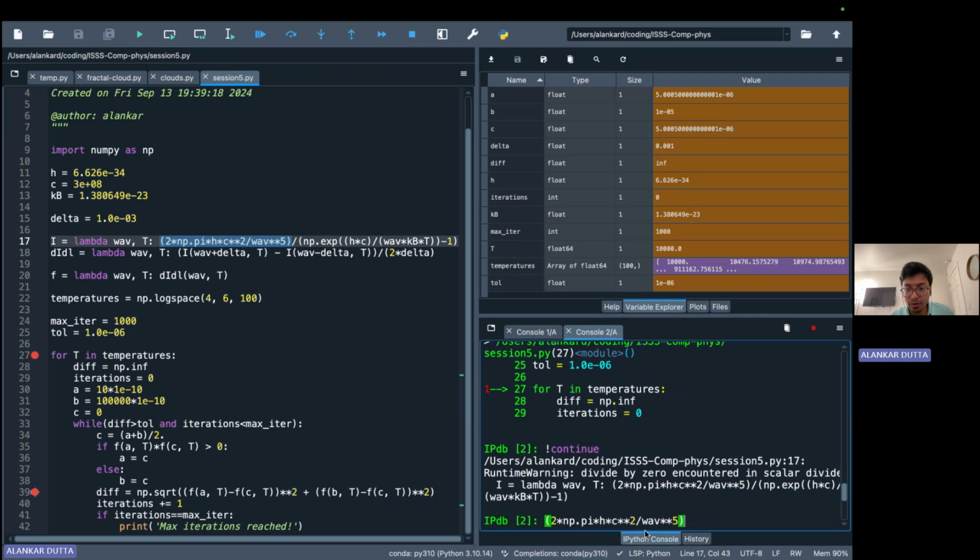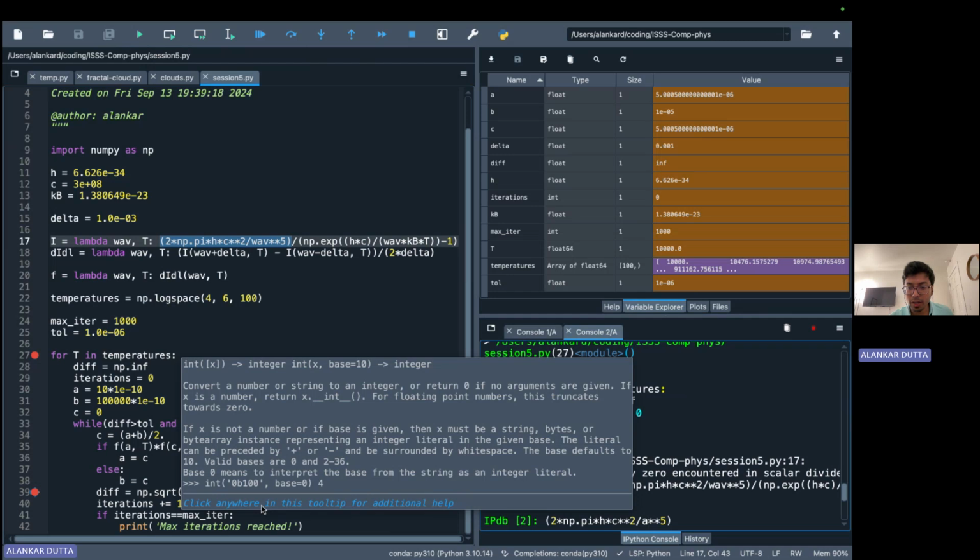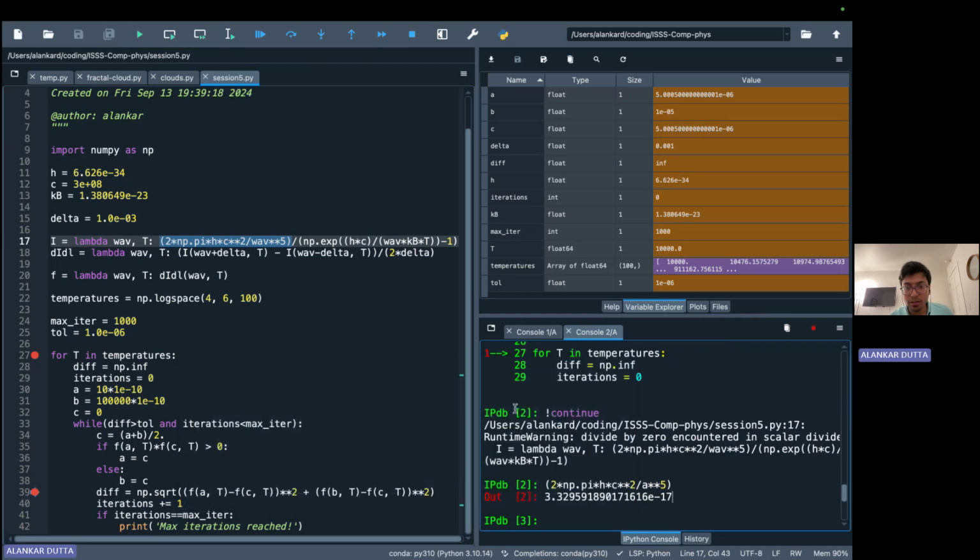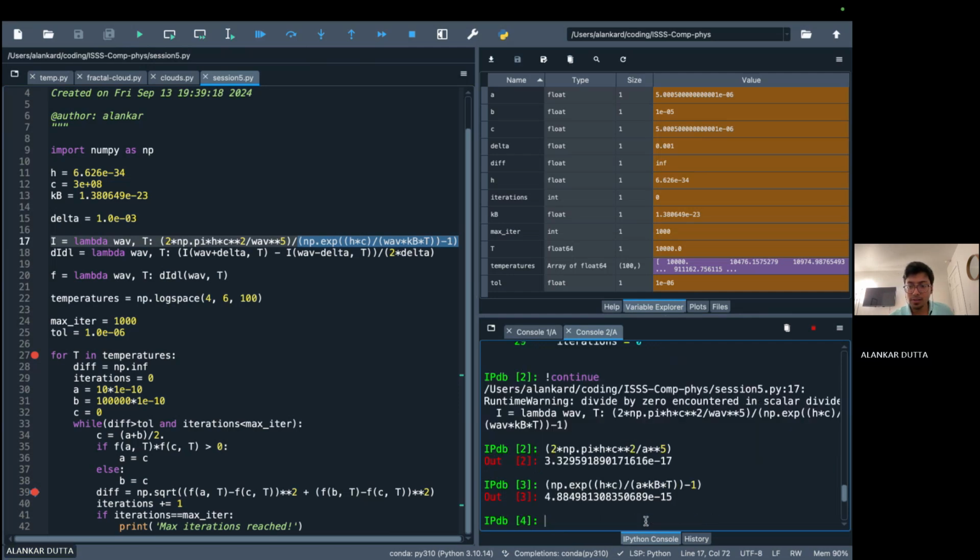So here, instead of wavelength, this will be A, because I'm passing it to A. So let's write A. This part comes fine. And let's now look at the other denominator of it. I'm just trying to figure out where the 0 is happening. This part is again A. This is also happening fine.